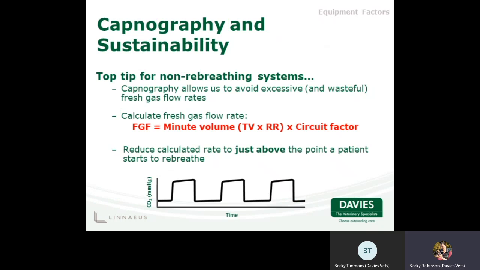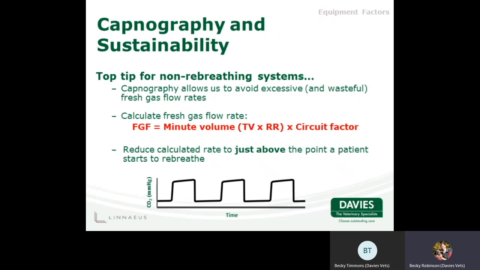In terms of how capnography can help us reduce our waste gases, one example is if we're using non-rebreathing anaesthetic systems. So that includes systems such as our T-piece, our Bain, or our parallel lack. And use of a capnography unit can help us avoid using excessive fresh gas flow rates while ensuring we're maintaining safe rates for our patients.